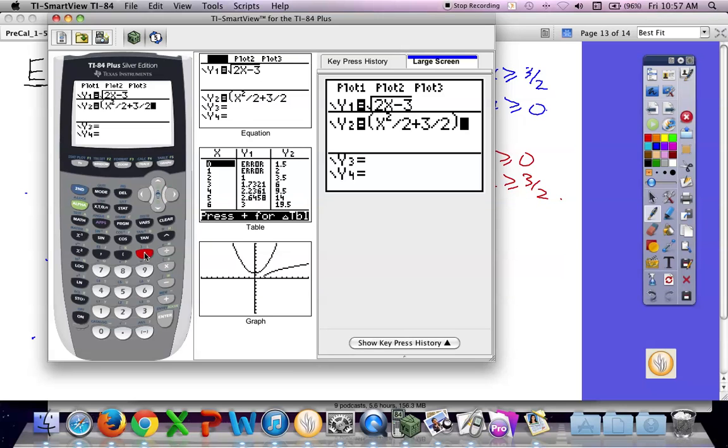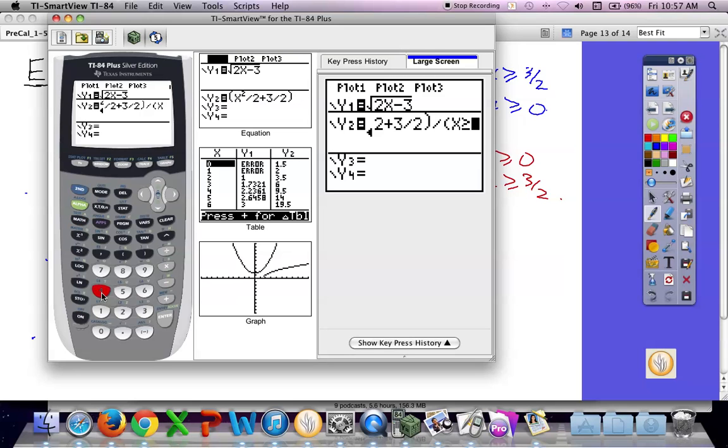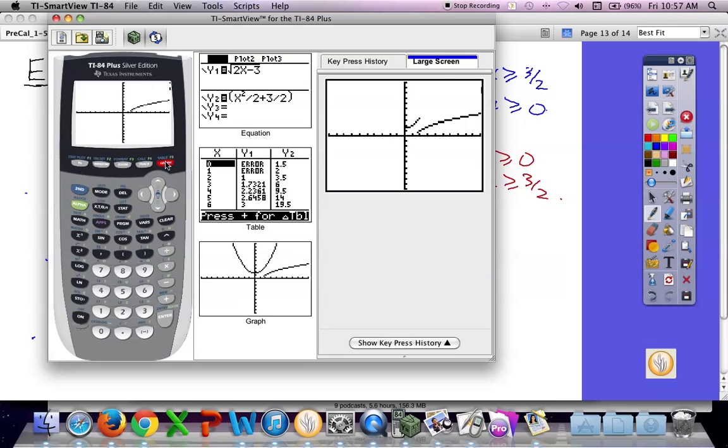Put a right parenthesis, divided by parenthesis, x, second math, greater than or equal to is 4, and that is 0. Right? And now when I graph it, it only shows me those two pieces. So it looks like one could be a flip across that line. Okay? So just keep in mind that that's how it works.